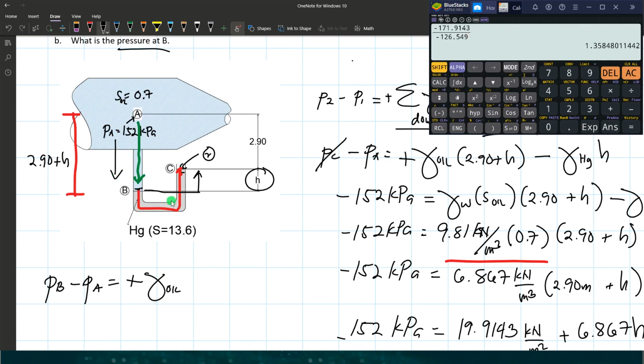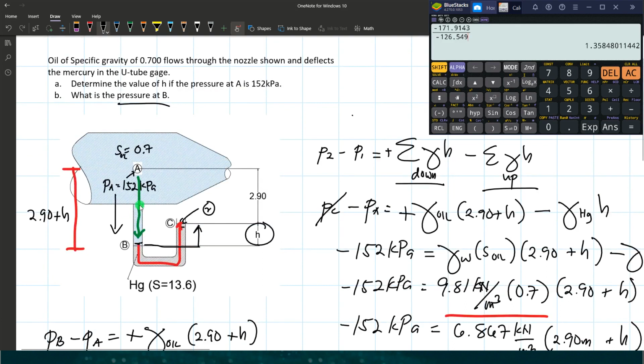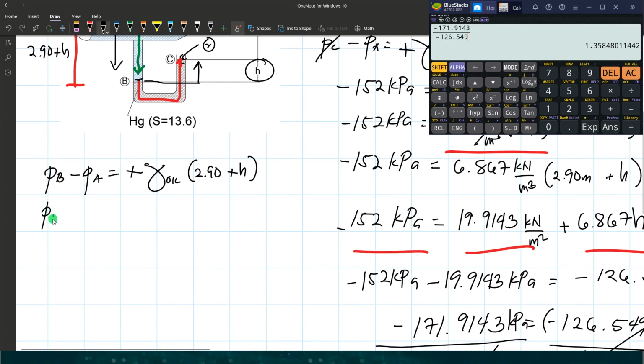Okay, the height there is 2.9 plus H, because that's the interface with the height from point A to point B. So that's all contained with oil from point A to point B. So the pressure at point A is given, point B unknown. So let's rewrite the equation.